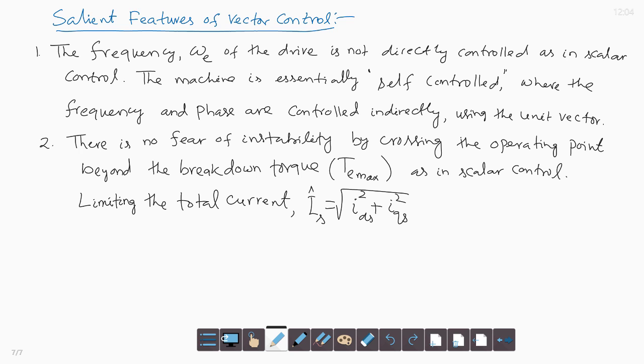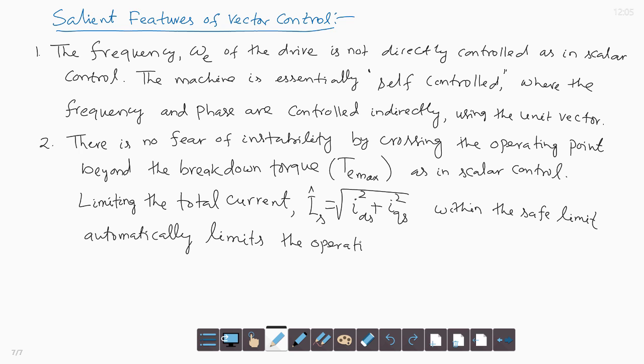So, limiting this total current within the safe limit automatically limits the operation within the stable region.